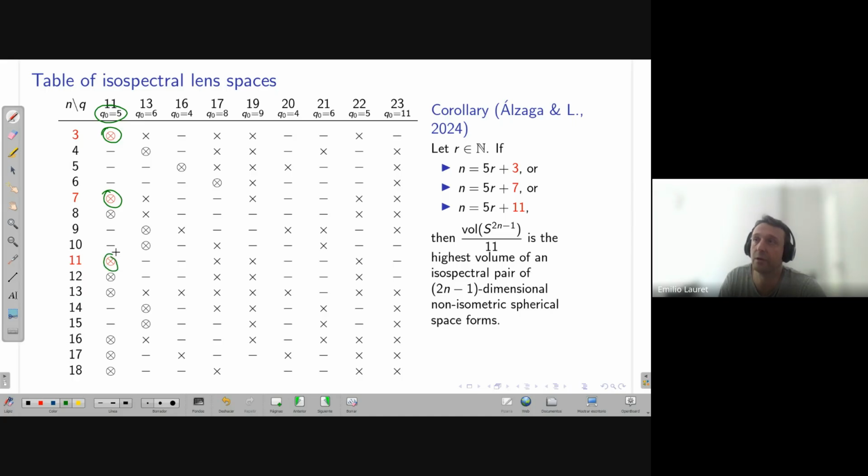For instance, here, if you have this isospectral pair and you sum Q0 to the number of parameters, you again have an isospectrality here, and this is what the main lemma ensures.